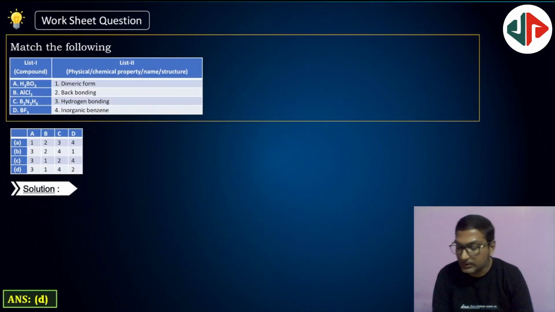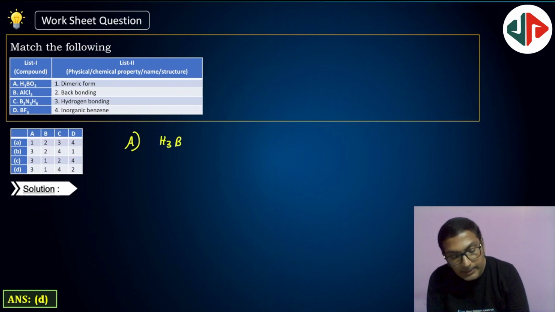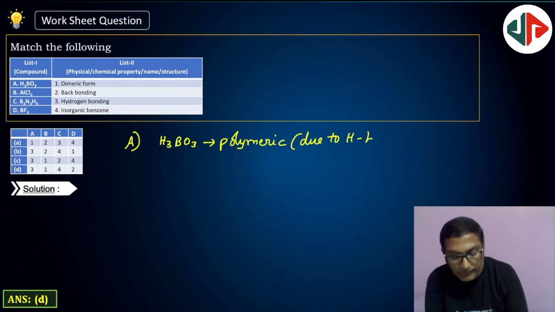A simple question only: H3BO3, AlCl3, B3N3H6 and BF3. First I am writing option A. H3BO3 is polymeric due to hydrogen bonding. So hydrogen bonding is present.